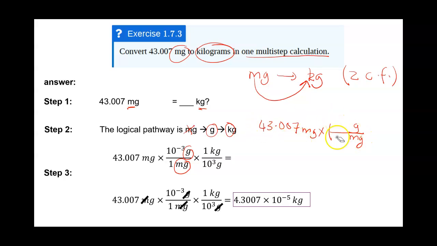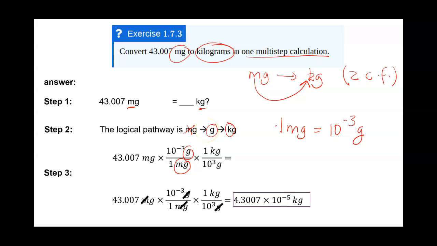Now what I want to ask myself is, how are milligrams and grams related? Well, I have to recall that the prefix milli means just 10 to the minus 3. So 1 milligram is equivalent to 10 to the minus 3 grams. So I think I got my first conversion factor.